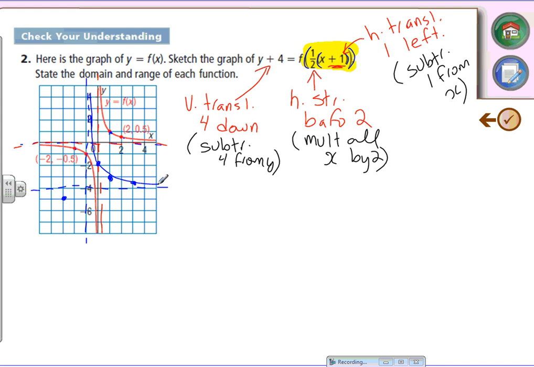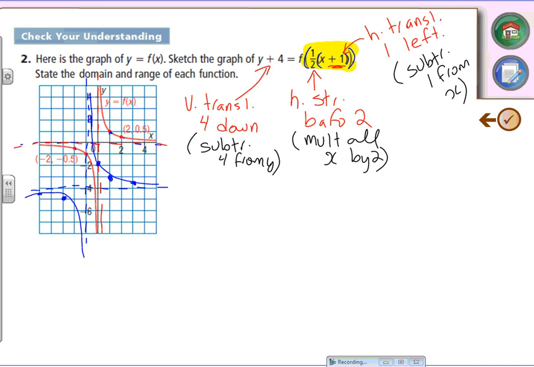Take the next one. -2 and -0.5. Multiply it by 2 gets me to 4, -4. 1 to the left, and 4 down. 1, 2, 3, 4. And it's right in the middle of those ones. Same thing. Connect our dots, looking at our asymptotes. Now we've got it drawn.